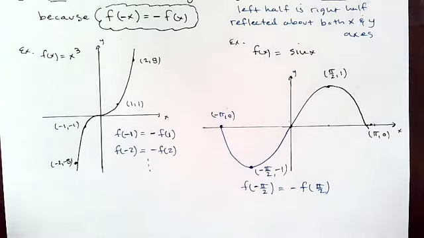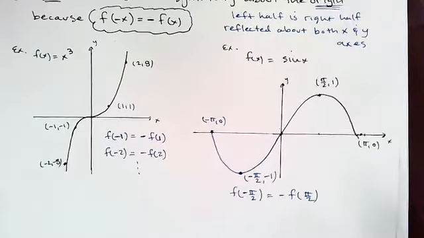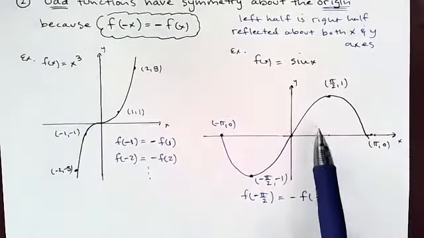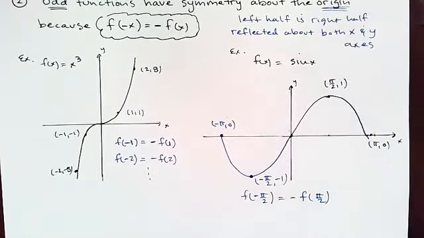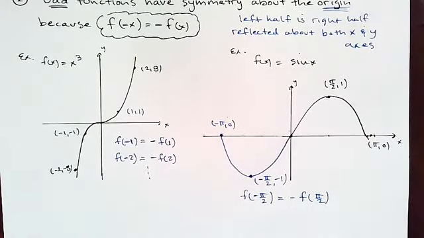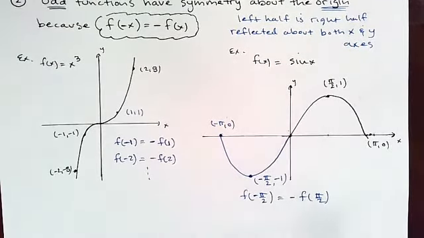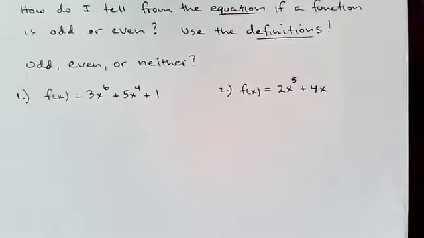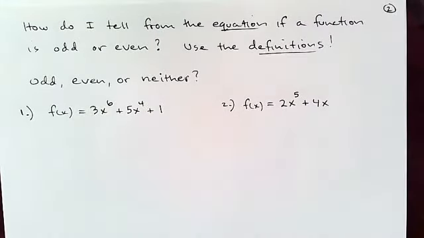Now, it's also important to recognize not every function is even or odd. You can have functions that don't have that kind of symmetry. But if they do have either symmetry about the origin or symmetry about the y-axis, it's often useful to know that when you're graphing. It's not too hard now to see from the graph if a function's even or odd, but more often than not, what you'd be expected to do is, what if you had an equation of a function?